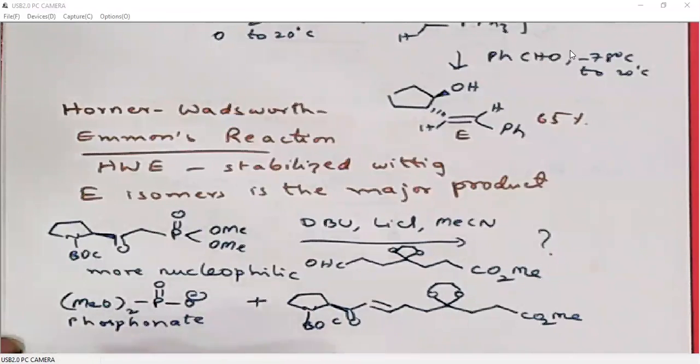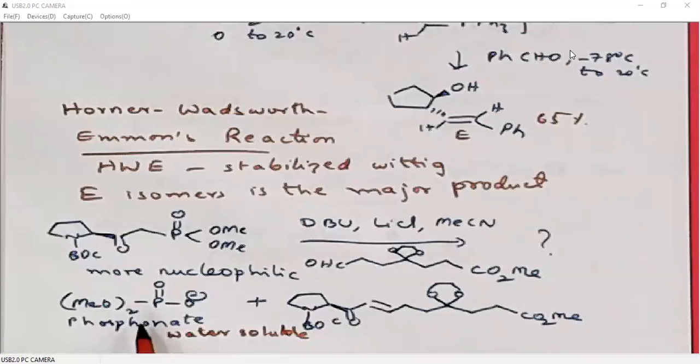The beauty of this is that the phosphonate is water soluble, while phosphine oxide is not. So when we do a Wittig with triphenyl phosphine or trialkyl phosphine, we need to remove that from the product by column chromatography.